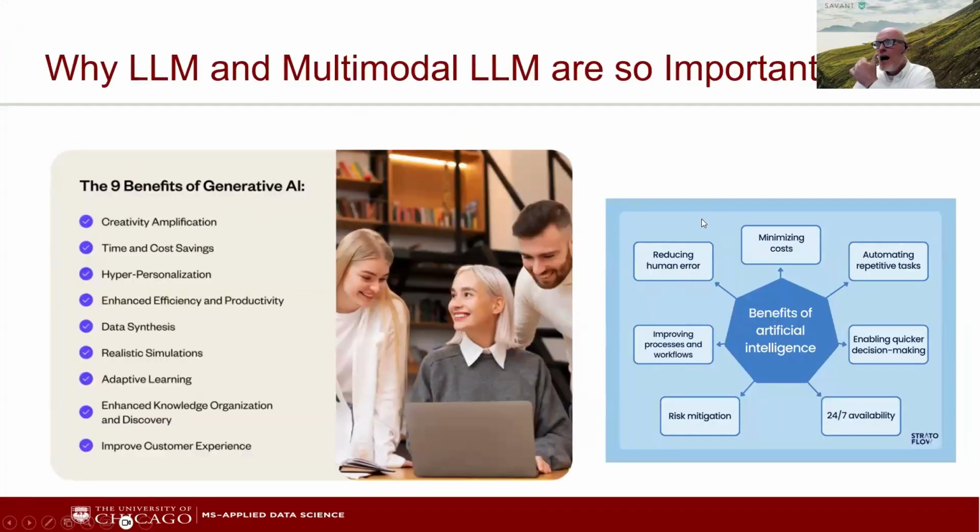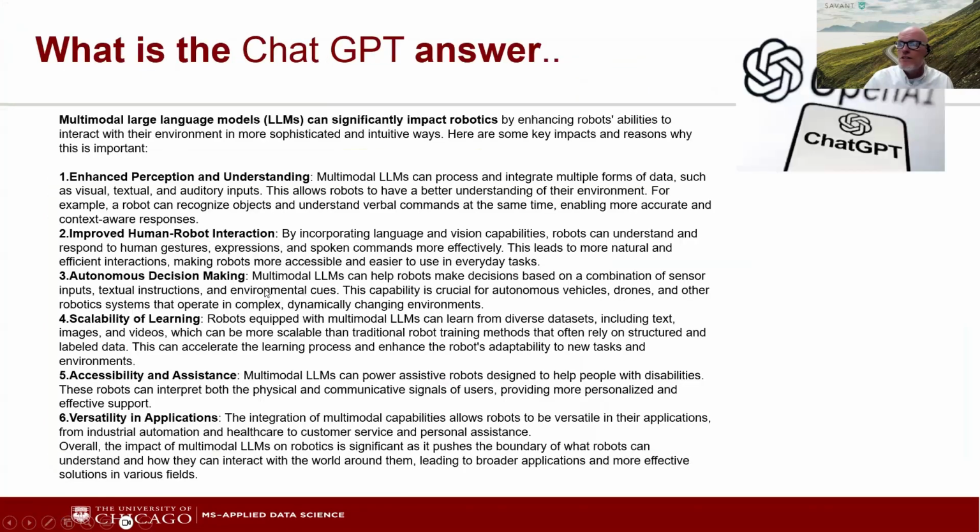Okay. So, other things that LLMs are great at doing is reducing human error, minimizing costs, all things that robots can help with us as well, and drones can, robots. So I asked the question, what does ChatGPT think a multimodal model's impact on large language, on robotics? And ChatGPT told me, this is ChatGPT 4.0, because I pay for it.